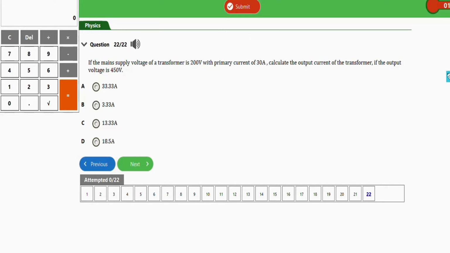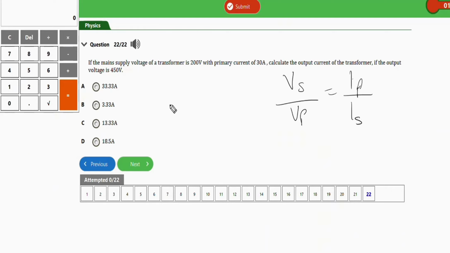Okay, so now take note, the formula we're going to apply now will somehow be in a reverse form than the ones we have been using to solve all the calculative questions we have encountered in this video. This question does not involve number of turns, rather it involves voltage and current. So the formula to apply will be secondary voltage over primary voltage equals primary current over secondary current.